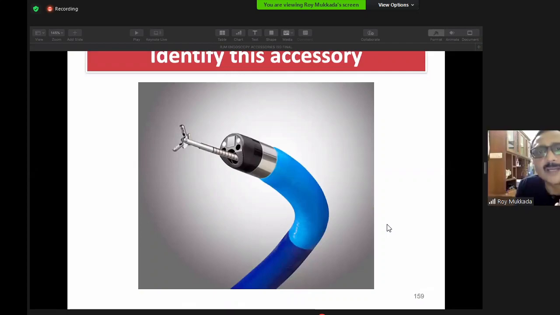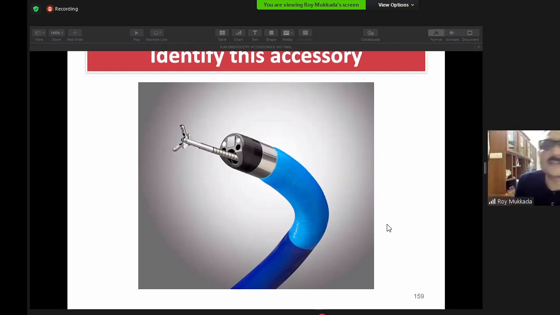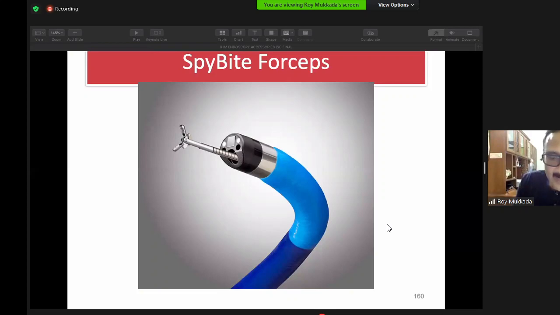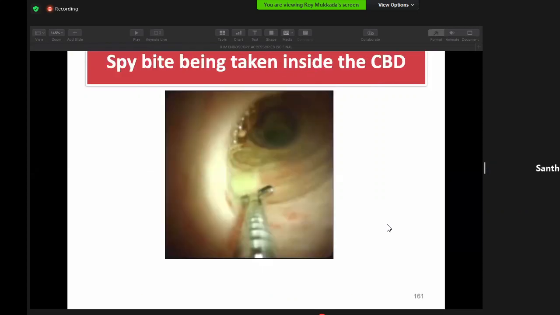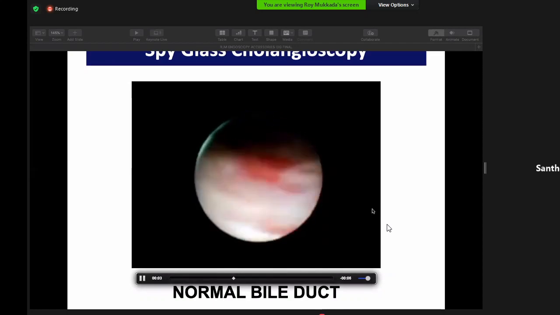Can you identify this accessory? This is actually the SpyGlass, probably with the biopsy forceps. What is the name of the biopsy forceps used in the SpyGlass? SpyBite. Yes, this is a SpyBite forceps. Where is it used? To take a biopsy from a stricture or lesion, cholangiocarcinoma, and IgG4 disease.